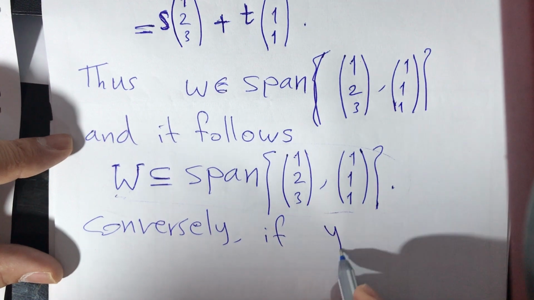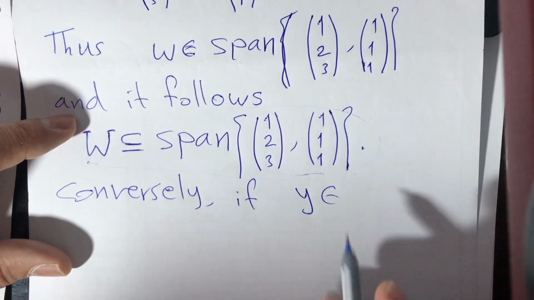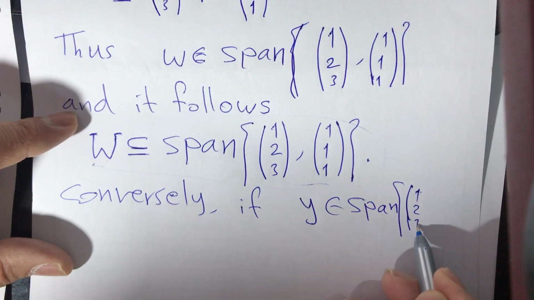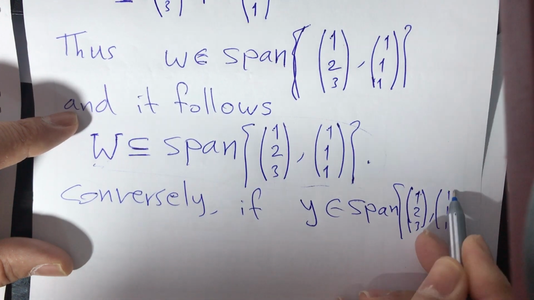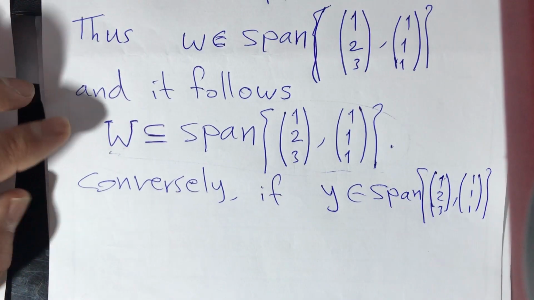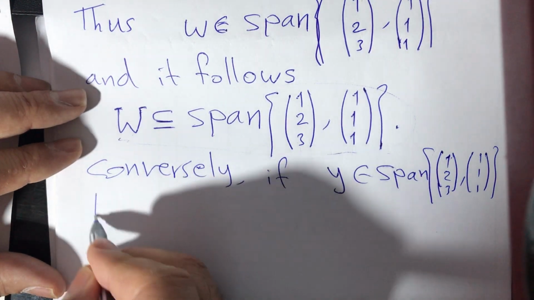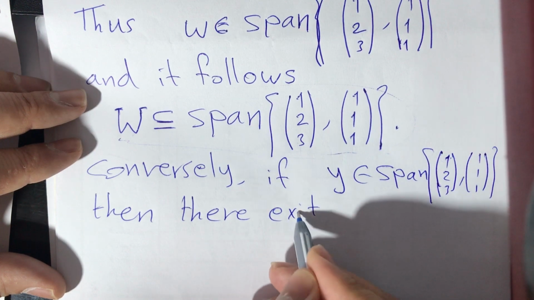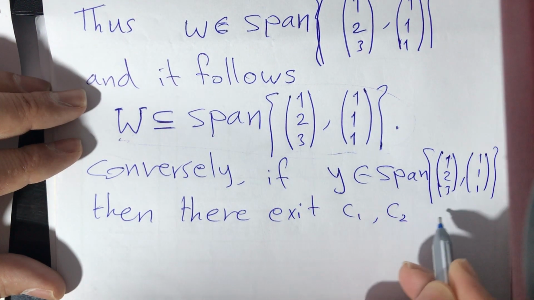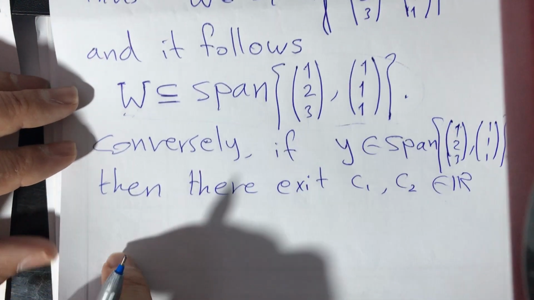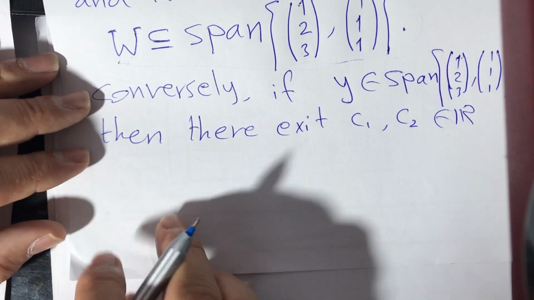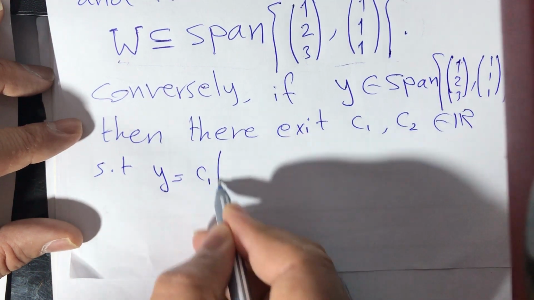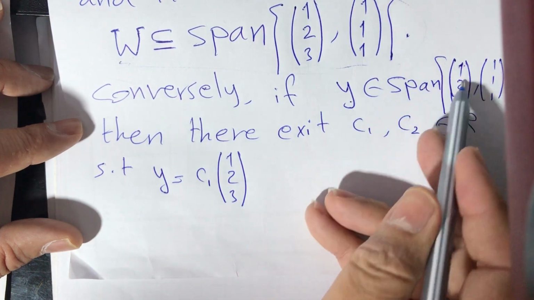if Y belongs to span of this set (1, 2, 3), (1, 1, 1), then there exist C1, C2 belonging to R such that Y is equal to C1 times (1, 2, 3), because Y belongs to the span of the set.